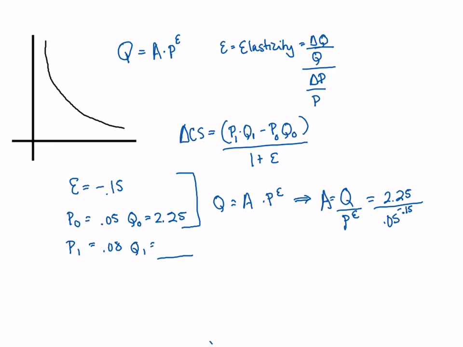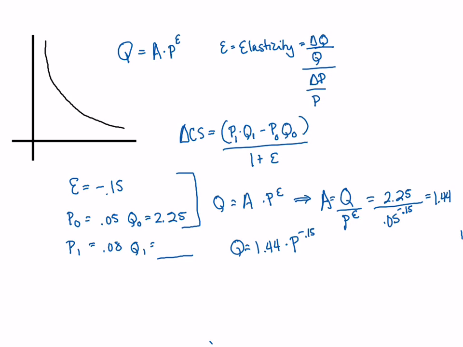If you get your handy dandy calculator out, you'll find that that's approximately equal to 1.44. Okay, so now we know what the functional form is. Quantity is equal to 1.44 times P to the negative 0.15.